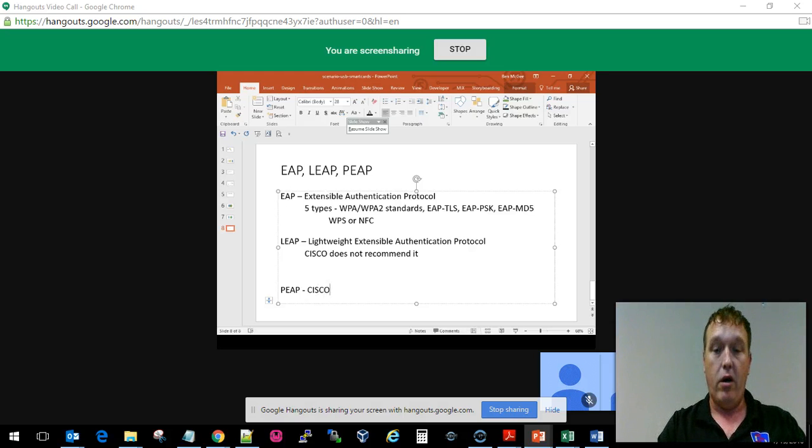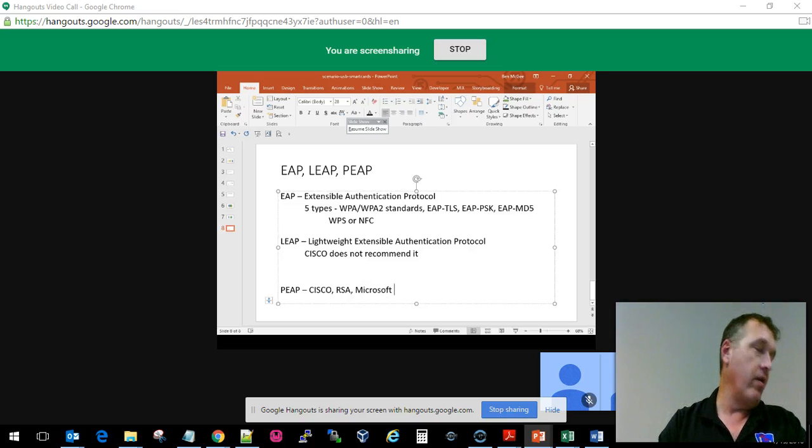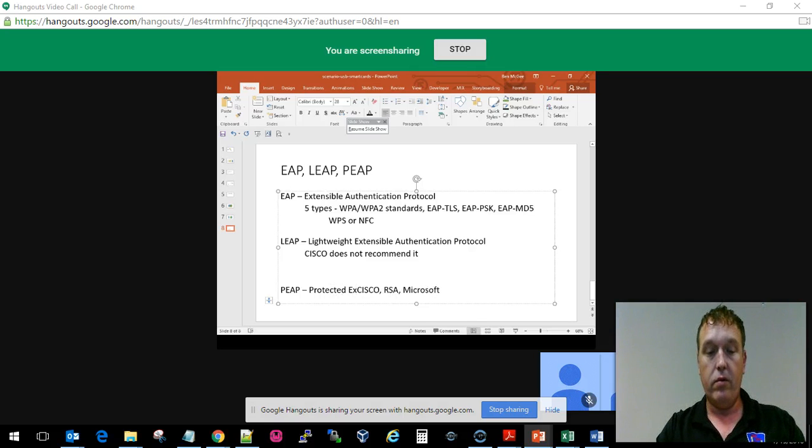Cisco, RSA, and Microsoft, three big dogs in the industry, came up with PEAP, and it stands for, I think it's Protected Extensible, let me look it up real quick, somebody just check me to make sure I got this right, Authentication Protocol.